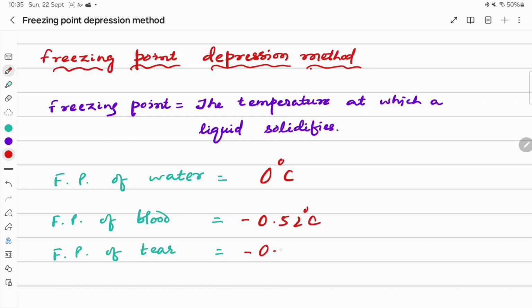So from this, the freezing point of tear is also minus 0.52 degrees Celsius. That means the contents present in the blood make the freezing point of water depressed by 0.52 degrees Celsius. So this is the depression.